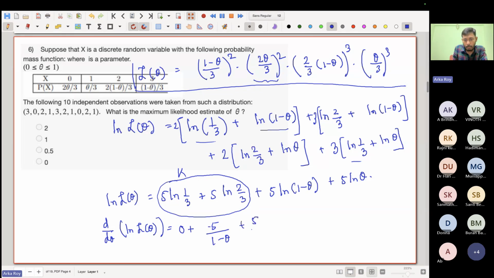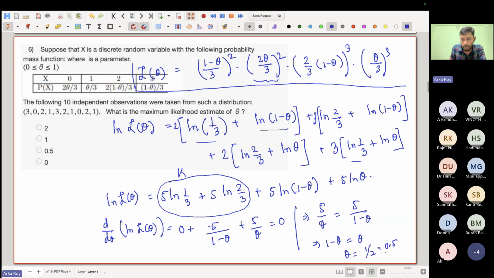And then you have 5 divided by theta, which equals 0, so that we can find the maximum point. If I do the simple manipulation, 1 minus theta equals theta. So theta equals 1 upon 2, which is equal to 0.5. So this is the correct answer.